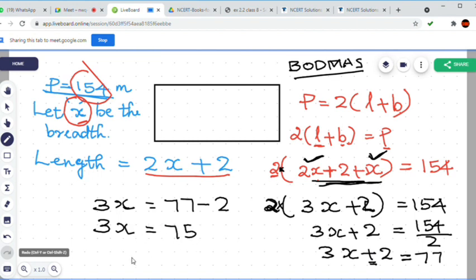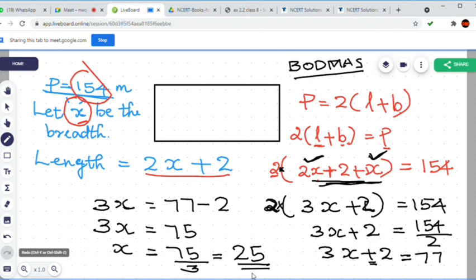So we can write the next step, x equal to 75 divided by 3, because here it is multiplication, so the reverse, division. So last answer 75 by 3. What is 75 by 3? 25. So the value of x we got is 25.